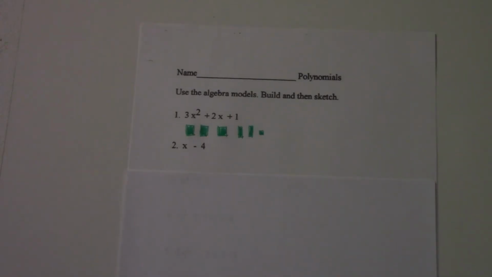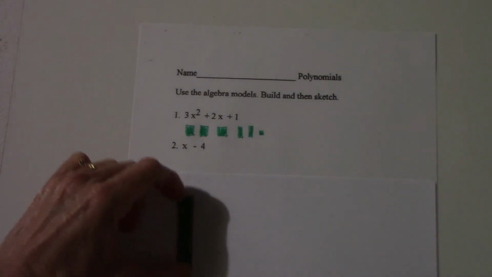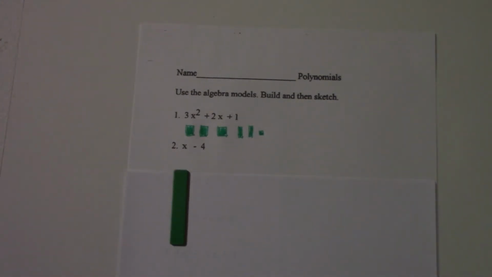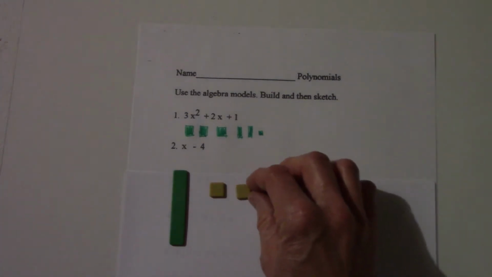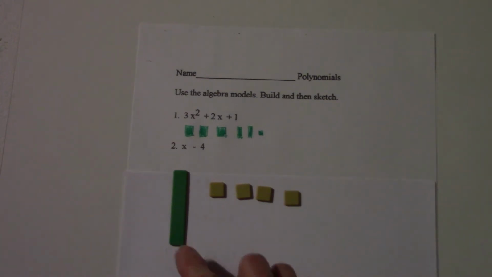Okay, for this next example, I have x minus 4. So here's an x, and then here's my 4, and I can't take 4 away from this x.